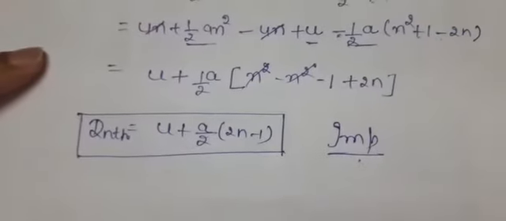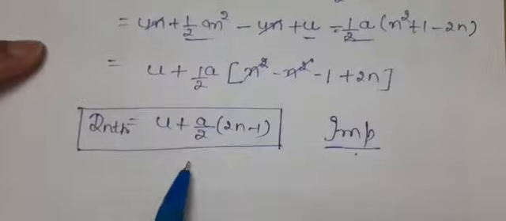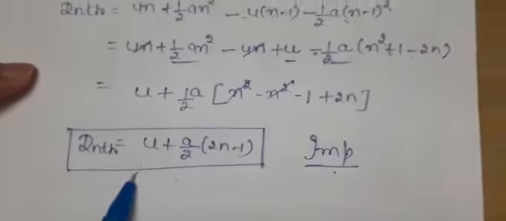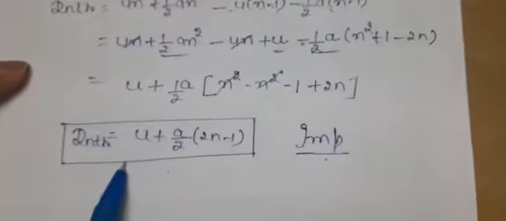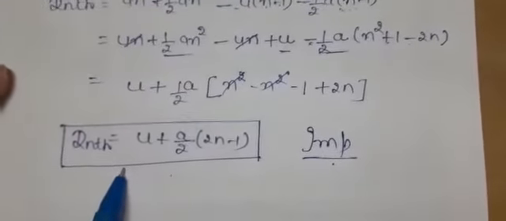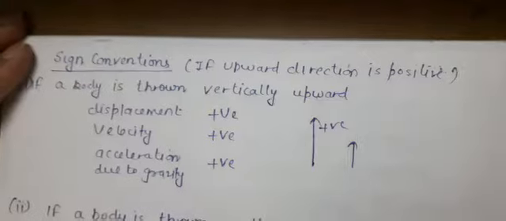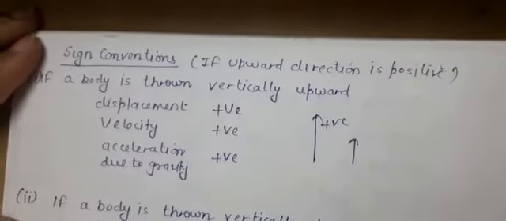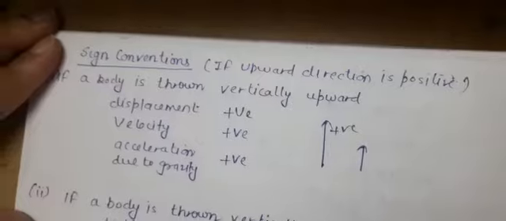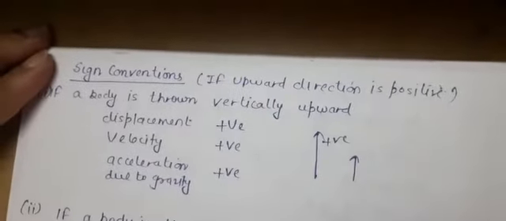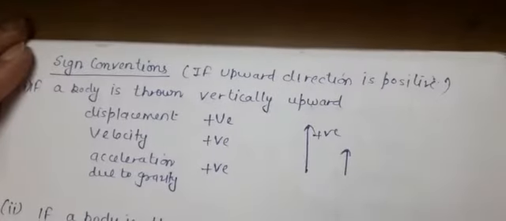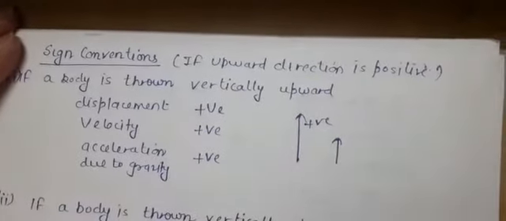Till now you were familiar with only 3 equations. Now in class 11th we have studied one new equation. This will be used in solving many of the numericals. Now we have to learn how to use these equations of motion to solve numericals. For solving numericals, we have to understand basic sign conventions.